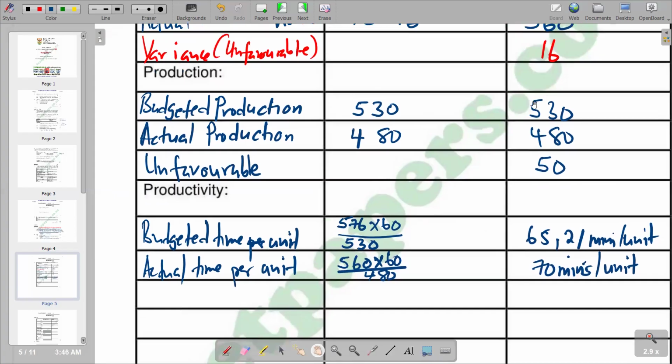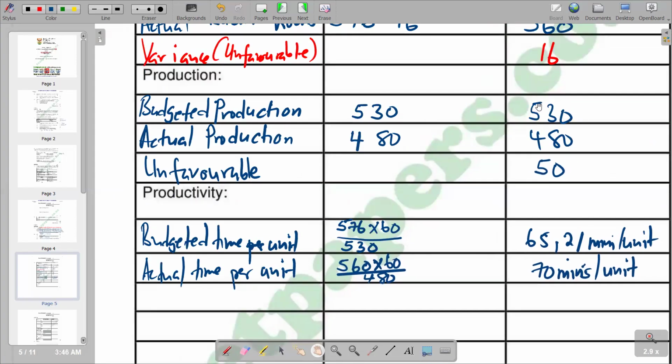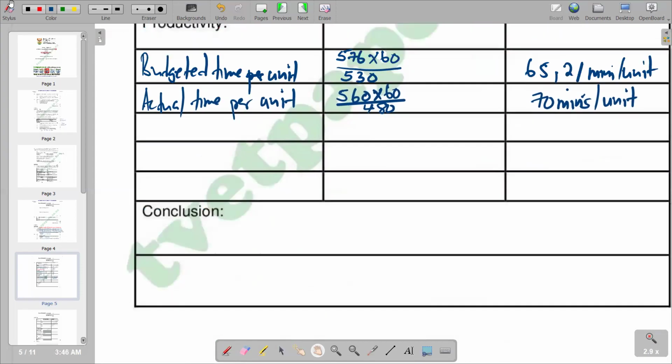If you look at production, they produced less again than expected. So basically, they were not productive. That's the conclusion. They were not productive. Remember, we are checking the performance of the employees.